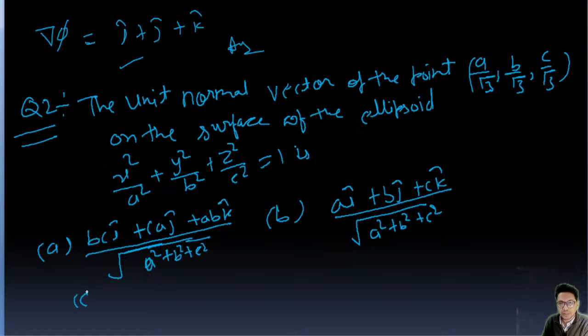Option C is b i cap plus c j cap plus a k cap upon root a square plus b square plus c square.